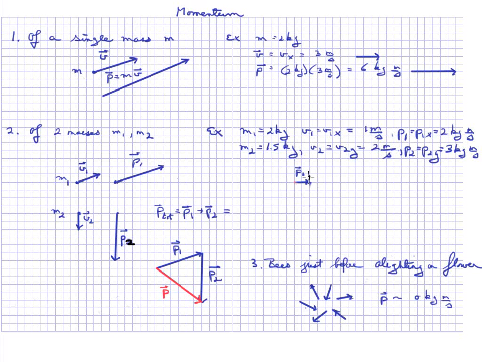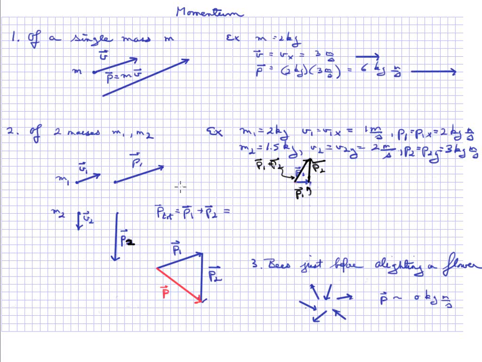So that would give me a vector P2 that looks like this, and the sum would be this vector I'm about to draw, like this. P1 plus P2 is this vector right here, and P1 is that vector right there.